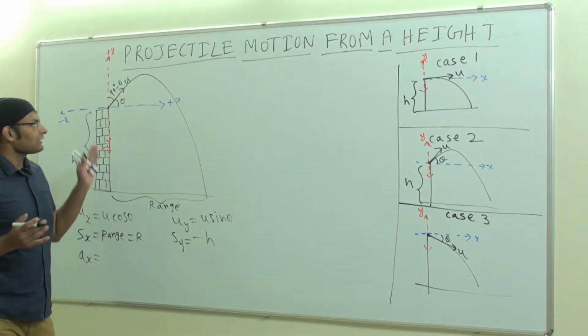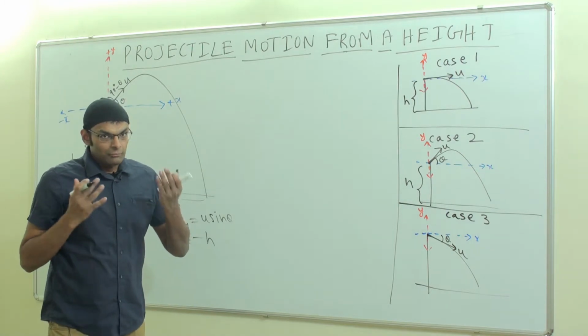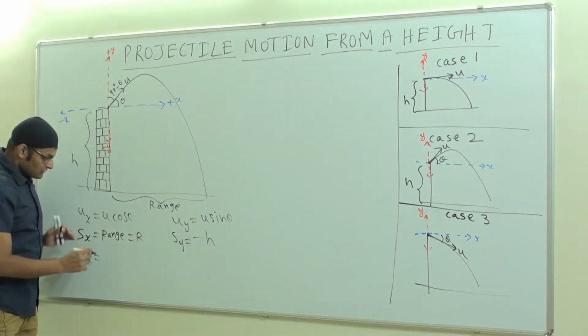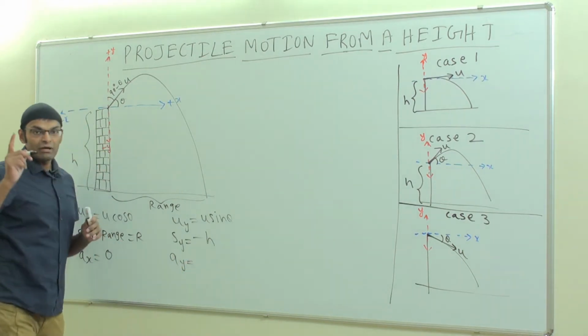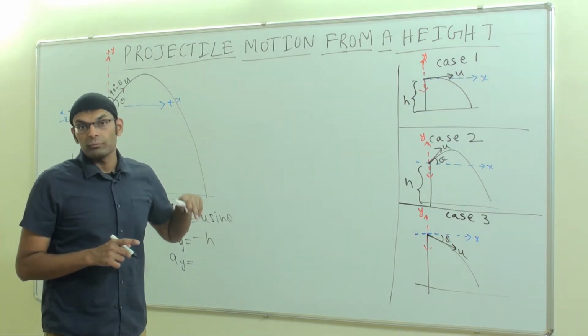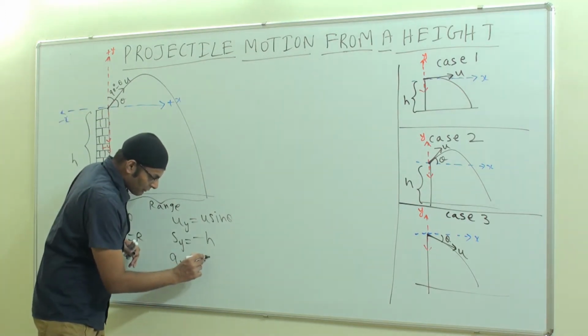It's very clear that I am not going to apply any acceleration on the ball throughout the journey in the positive x axis. So this is 0. Ay is what? Ay is the acceleration due to gravity that is responsible for bringing the ball from this point to the ground position. So it is minus g.